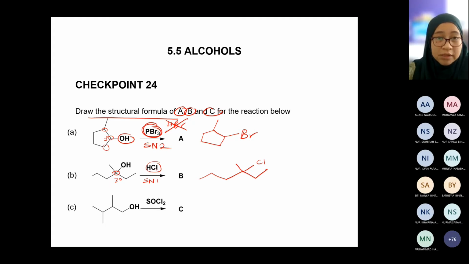Why? Because it has already formed a carbocation. The carbocation is already unstable, so it will react with anything around there. Even though we only have one Cl minus, it can still react with the carbocation. Alright, next. Okay, this one is a primary alcohol, so therefore it will undergo SN2.